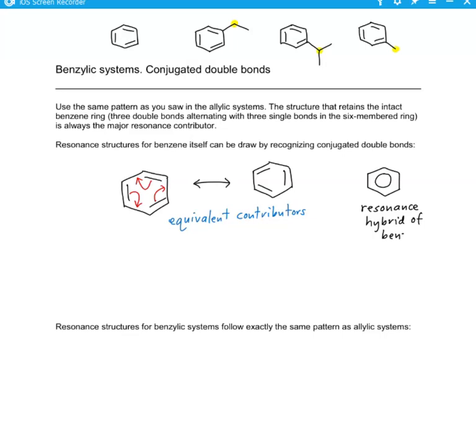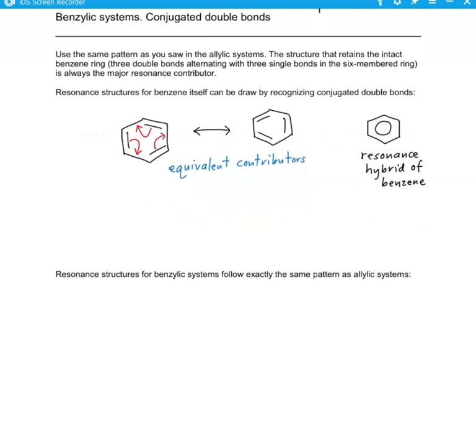So this is the resonance hybrid. So benzene and other aromatic compounds have their own special resonance moves, which is what I just showed you. So you can move electrons around a ring in this fashion.